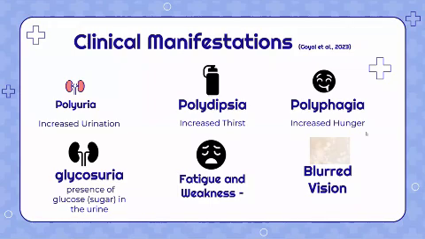This makes the body assume it is not getting enough food, or they feel a starving situation, that causes polyphagia or excessive hunger. These rationales were related to the clinical manifestations and pathophysiology of type 2 diabetes.